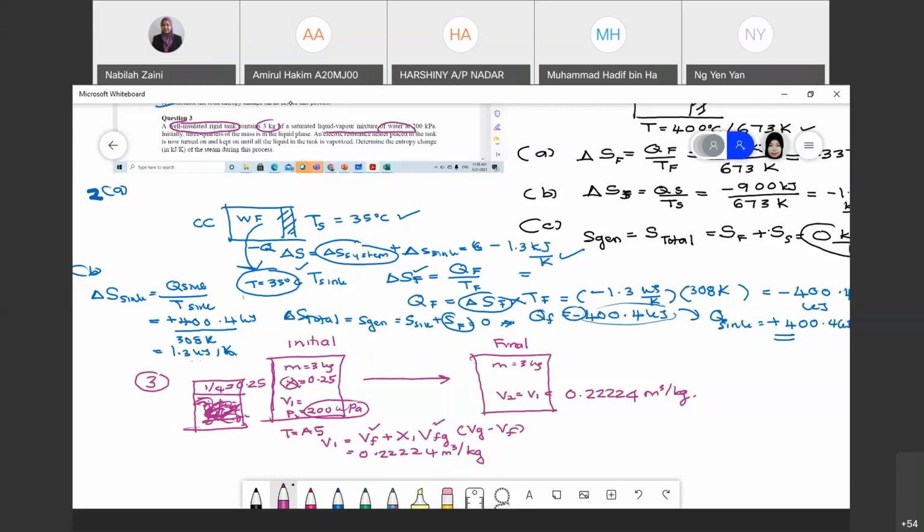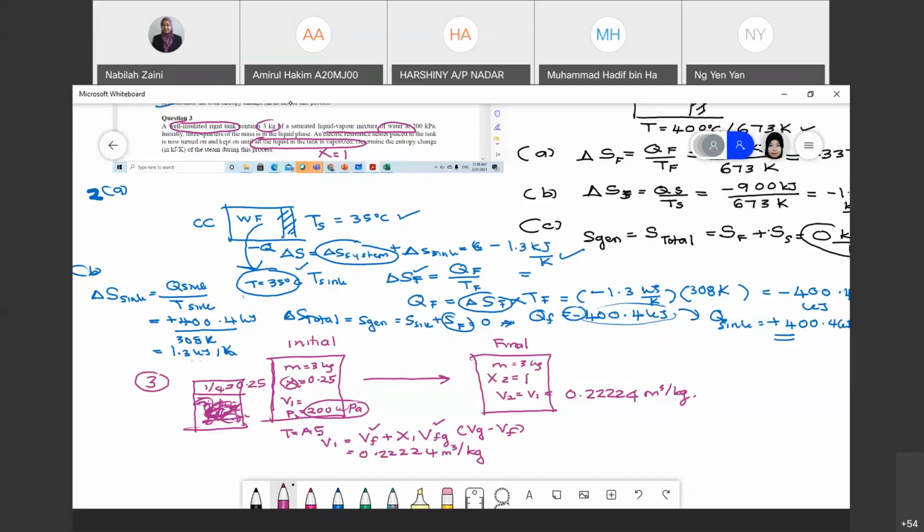An electric resistance heater placed in the tank is now turned on and kept on until all the liquid in the tank is vaporized. This means you refer to saturated vapor, so X2 is 1.